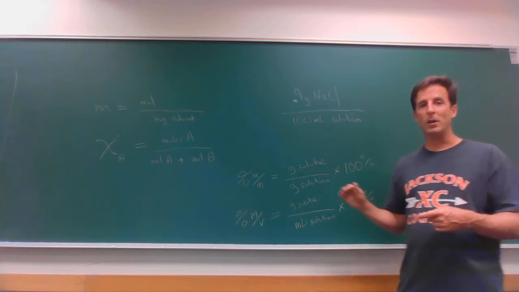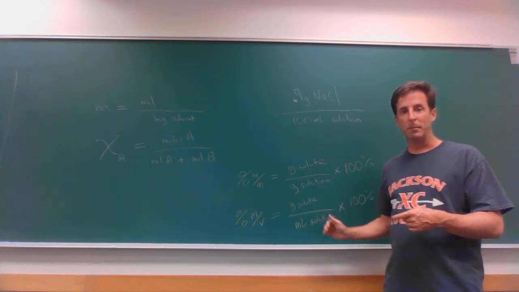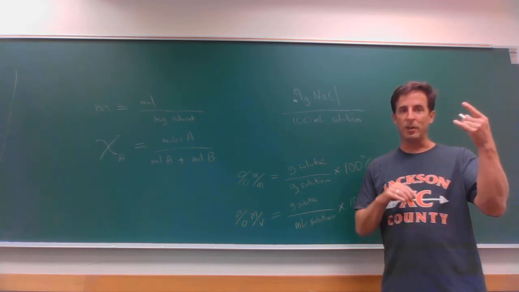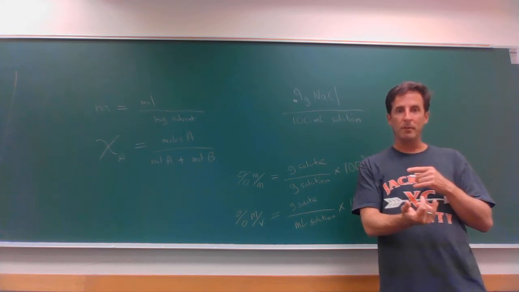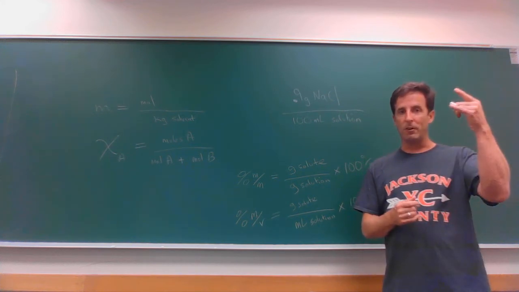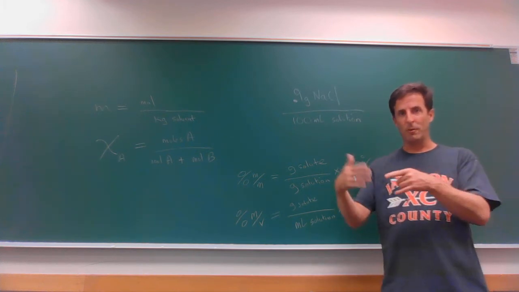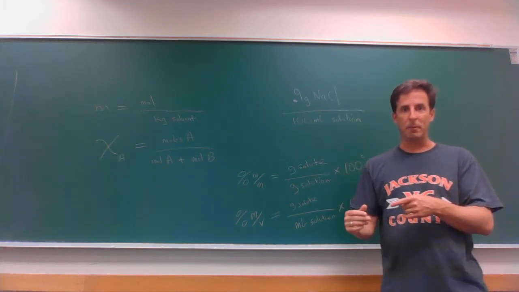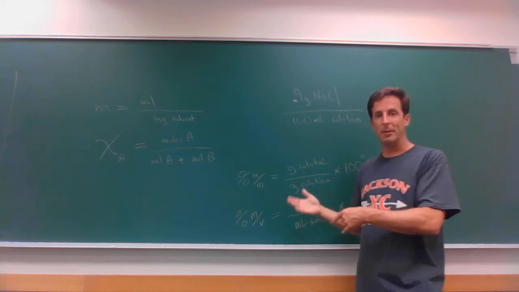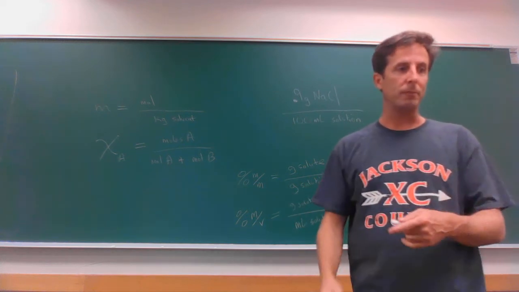That's actually a volume to volume measurement, because ethanol is a liquid, and you're dissolving it into water, which is a liquid. So it's 40 milliliters of ethanol per 100 milliliters of tequila. That's where the 40% or the 80 proof comes from. So these are very common units used in everyday life.